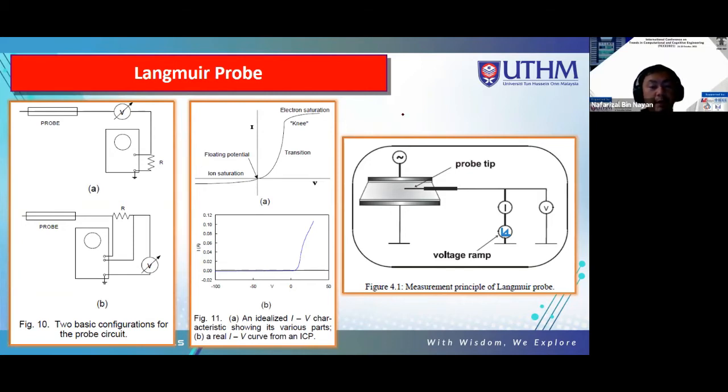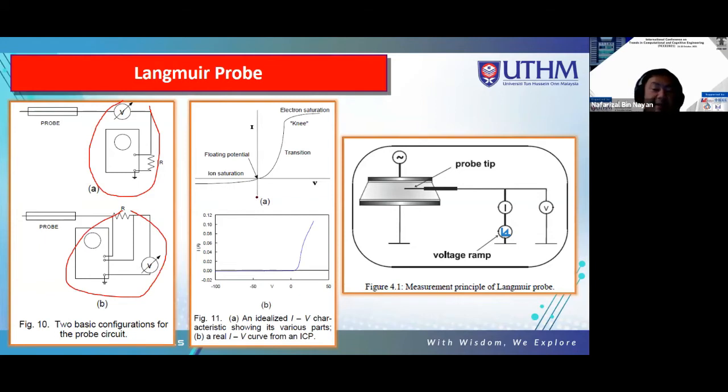From the Langmuir probe, what results can we get? So this is an example. We supply the probe into the chamber. You can have some circuit, and it depends on the different circuits shown here.